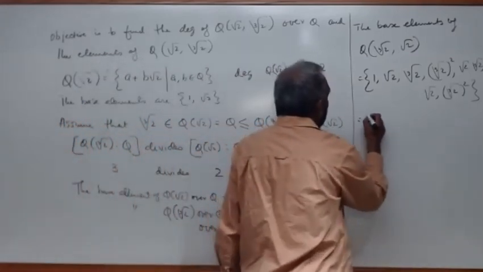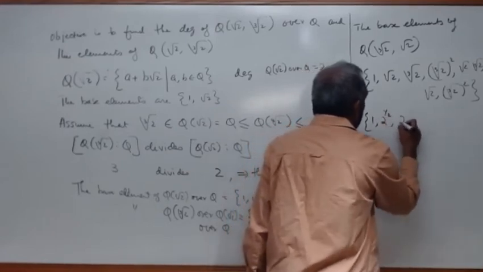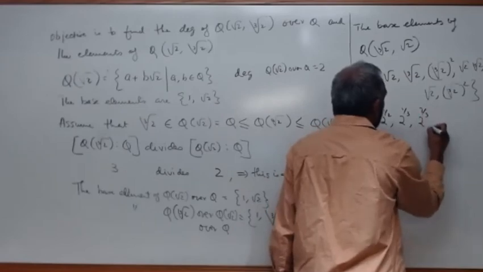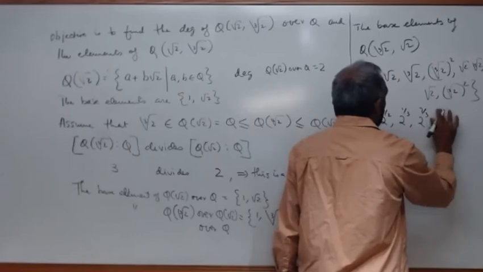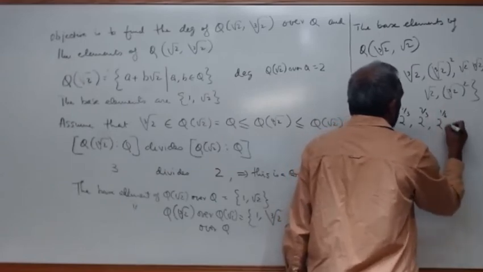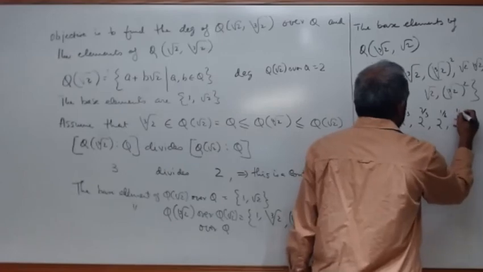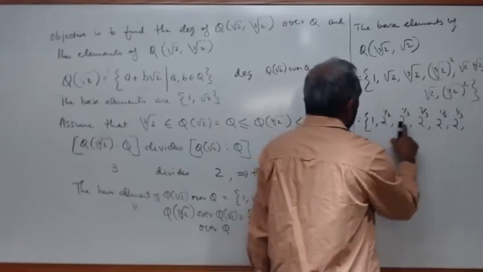We can write it like this: 1, 2 to the power of 1/2, 2 to the power of 1/3, 2 to the power of 2/3, 2 to the power of 1/6, 2 to the power of 1/3... 1, 2, 3, 4, 5, 6, yes.